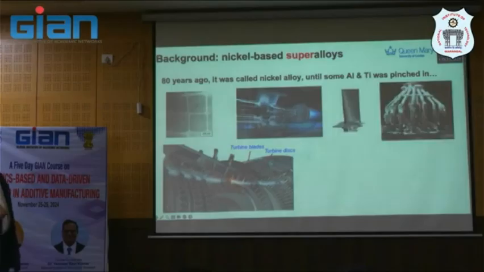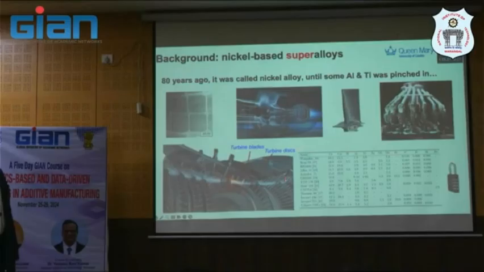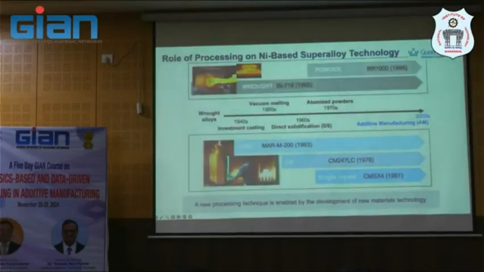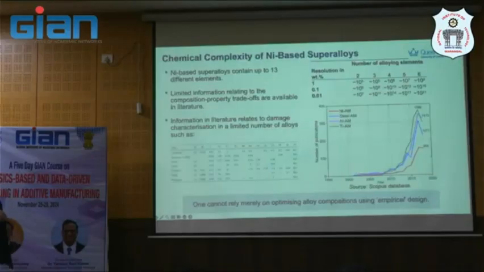And traditionally, we use casting, and this is a kind of composition available, and also based on the benchmark of the nickel-based superalloy we are considering. So you will see it's about 13, 14 elements that form one alloy system. So this slide, I think I may have discussed already. So this is important.